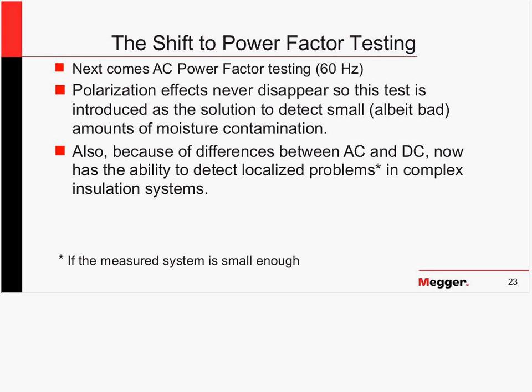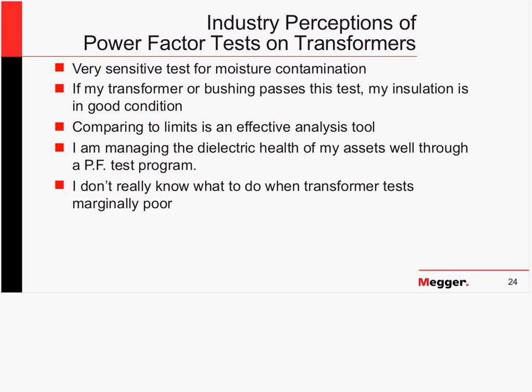If the size of your insulation system gets quite large, your ability to detect a small localized problem, and we'll talk about this more in a few minutes, is going to get extreme. I would just go out there and say it's going to be impossible. So we can detect localized problems with an AC source, assuming that the measured system is small enough.